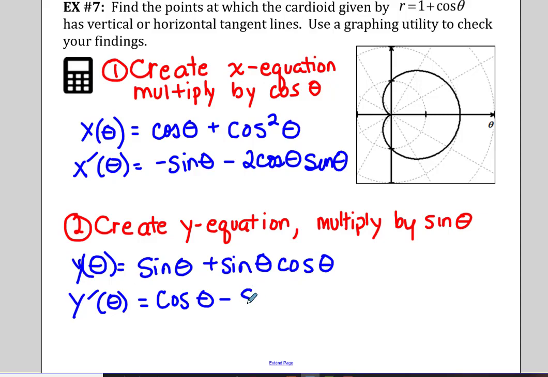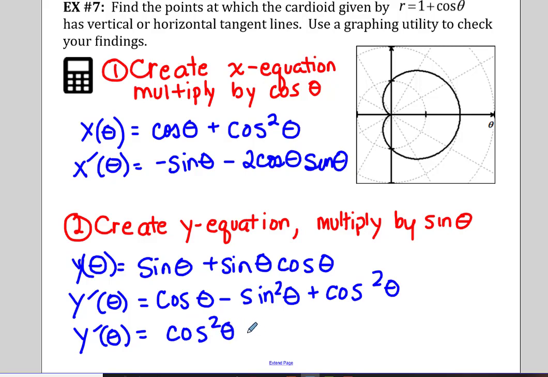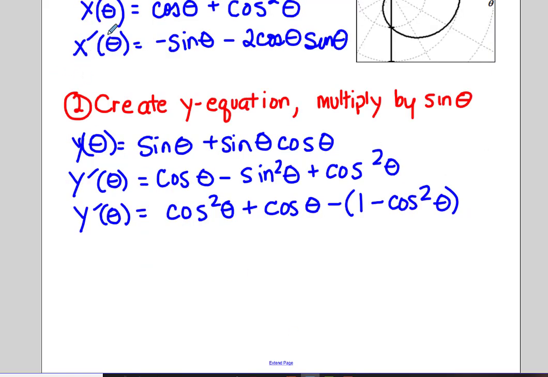So this is going to be negative sine squared theta plus cosine squared theta. And then if we collect like terms, we can pull out cosine squared theta plus cosine theta. And then I'm going to rewrite the negative sine squared as 1 minus cosine squared. So we have our x of theta, our x prime of theta, our y of theta, and our y prime of theta.